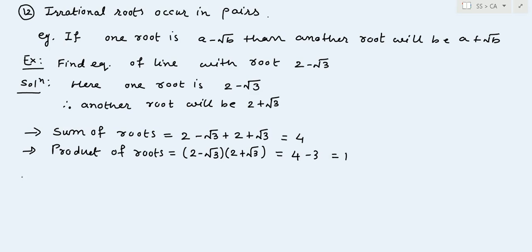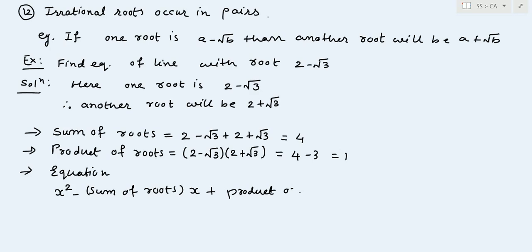Okay, now what is our equation? Equation no format શું હતું કે ભાઈ our equation is x square minus sum of roots multiplied by x plus product of roots equal to 0.